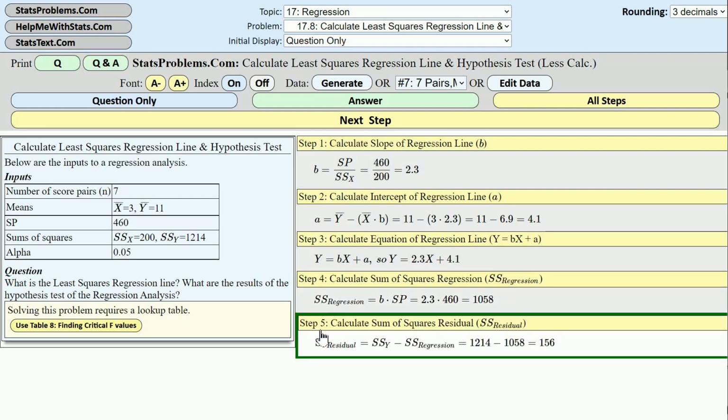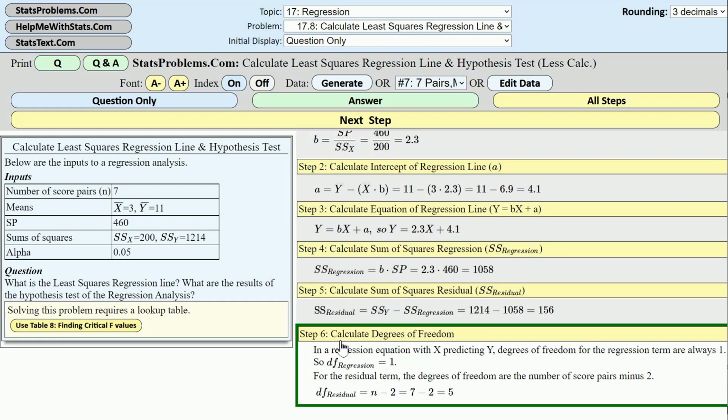In Step 5, we calculate the sum of squares residual, SS residual. The sum of squares residual equals the sum of squares y, SSY, minus the sum of squares regression. In this example, SS residual equals 1214 minus 1058, which works out to 156.